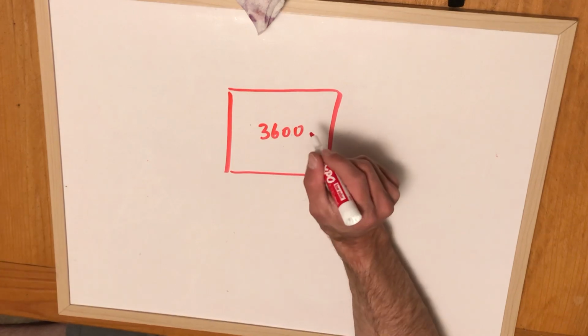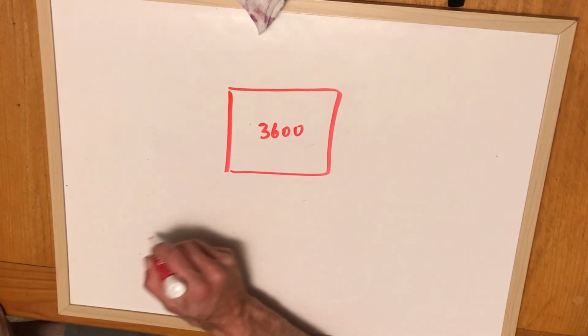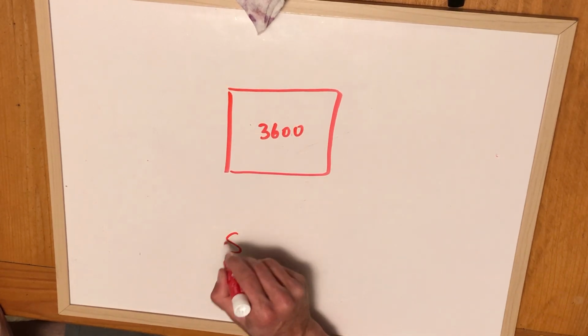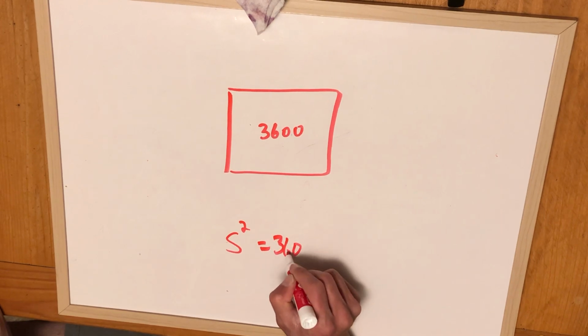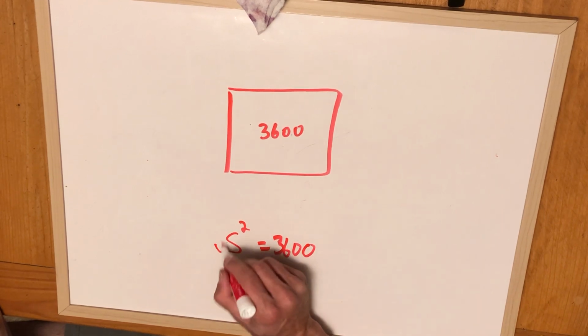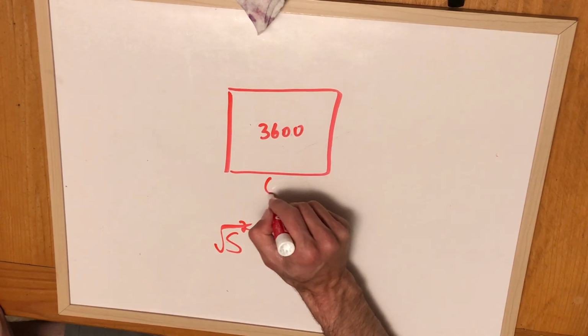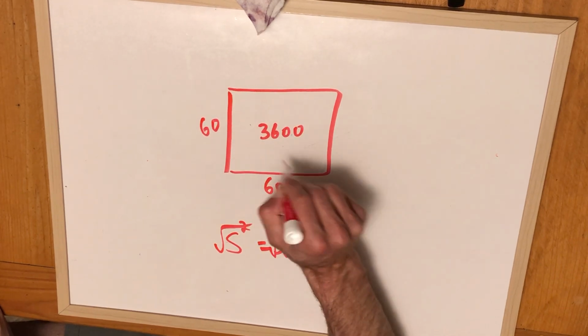And remember, this is a square. So to find the area of a square, it's base times height, or the same thing as side squared. Side squared equals 3,600. How do you solve for your s? Square root it. So if you square root 3,600, you're going to get 60. So 60 and 60.